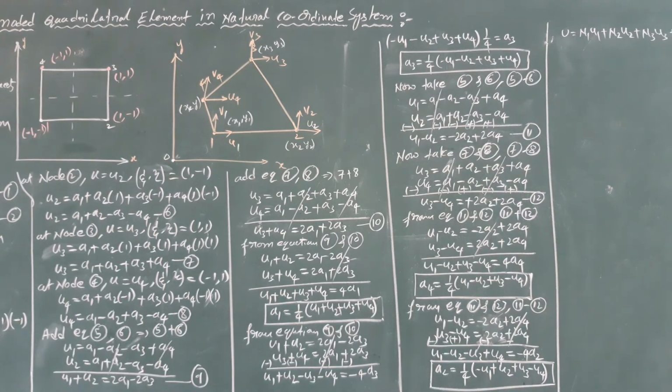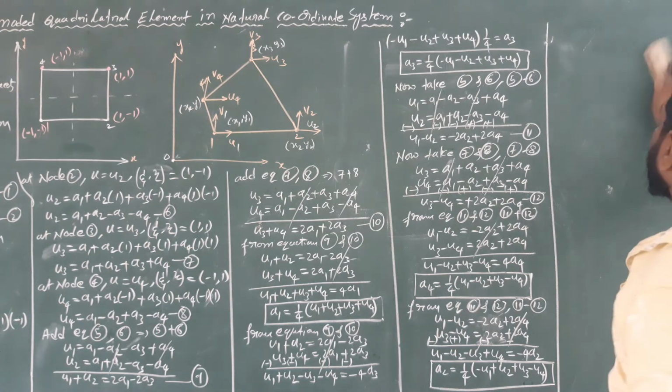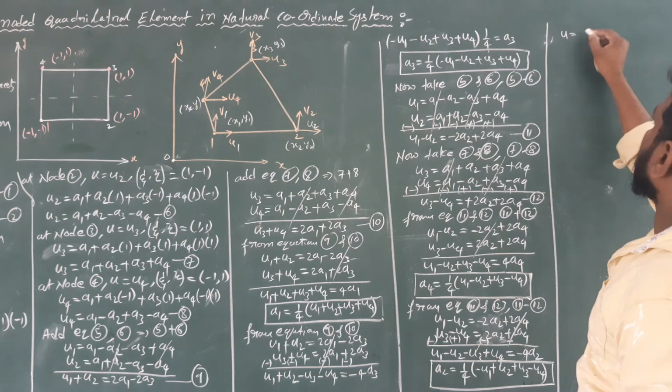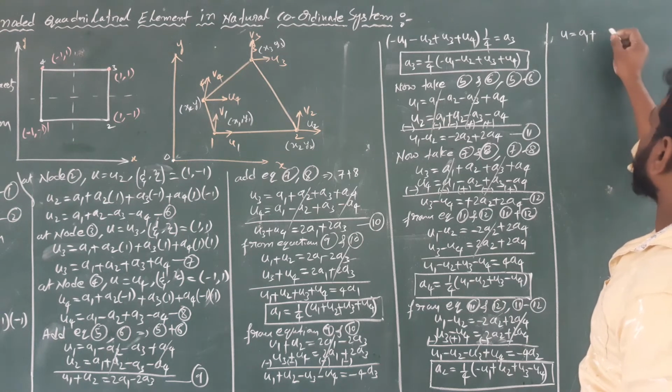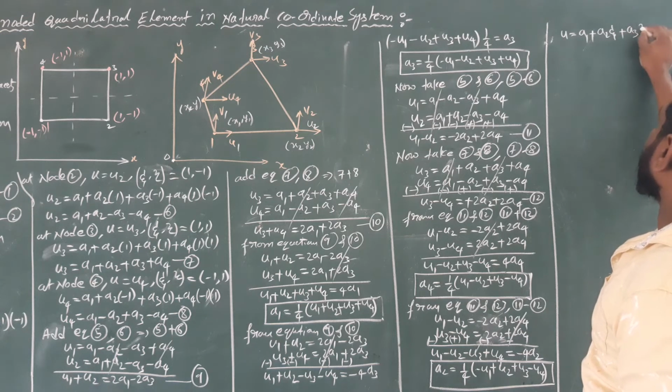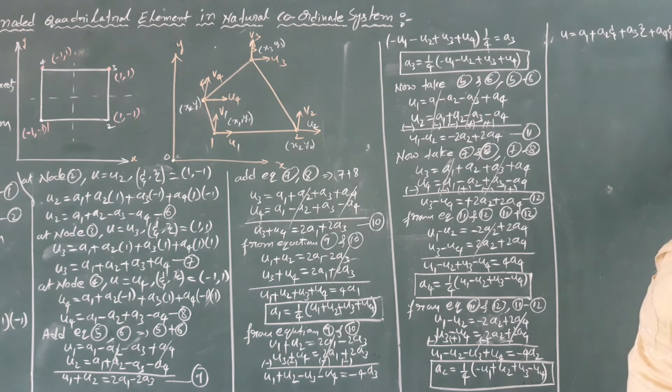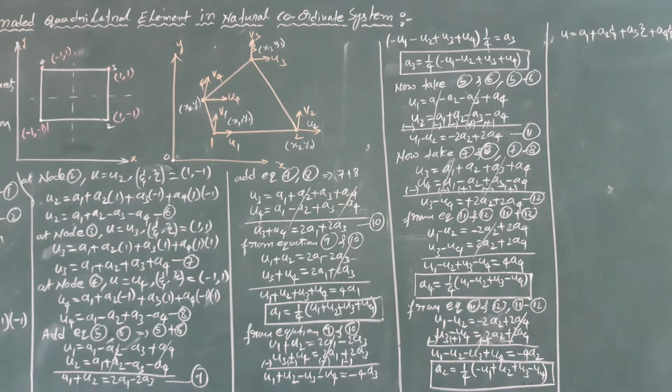You know that u is equal to a1 plus a2 xi plus a3 eta plus a4 xi eta.